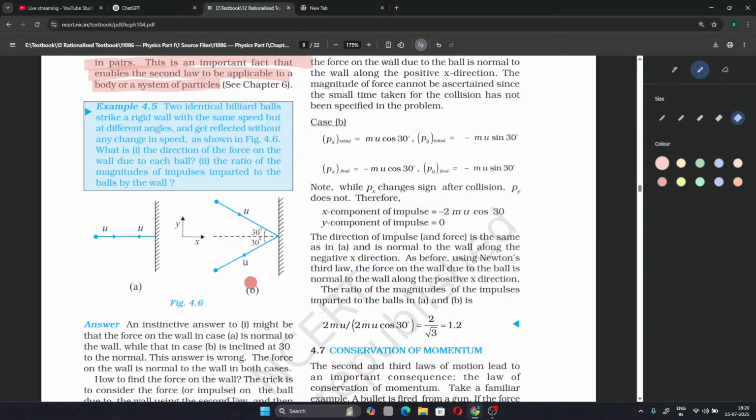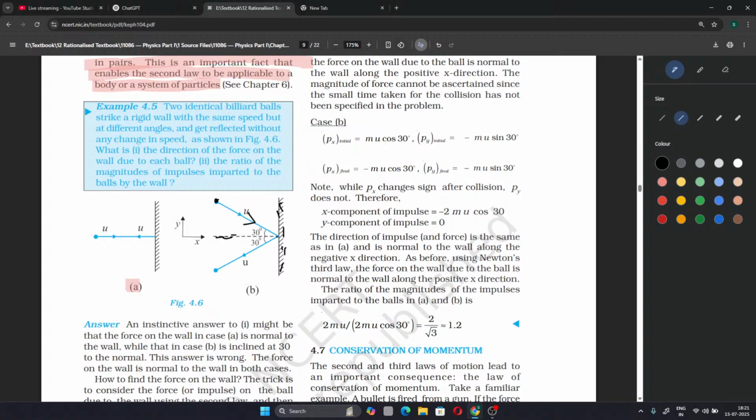Basically, in this figure, this is the first ball, which is bouncing back along the same path. In the second case, the ball comes like this, and it is making a 30-degree angle with the vertical. This is the vertical, this is the horizontal.